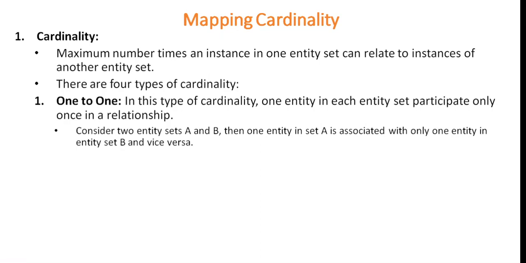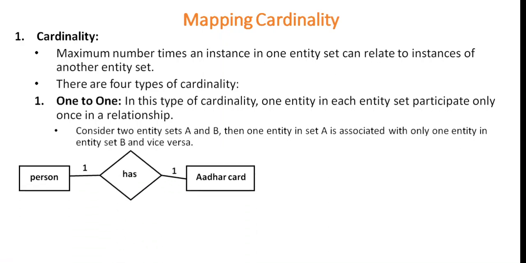It means that only one entity in set A is associated with only one entity in set B, and vice versa is also true. Means one entity in set A is associated with one entity in set B. Similarly, one entity in set B is associated with only one entity in set A.